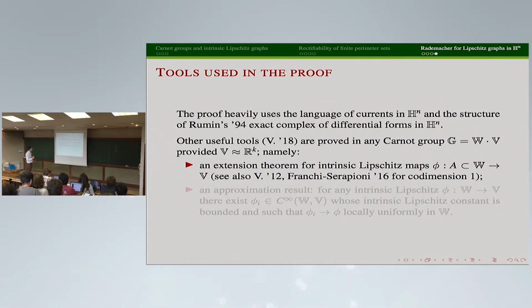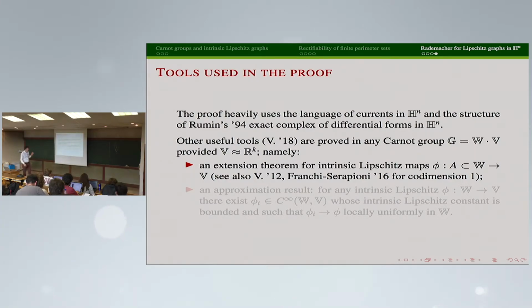So the first theorem is an extension result for intrinsic Lipschitz maps with values in V, okay? So this is not immediate. When you have a function which is defined only on a subdomain of W, it's not trivial to prove that it can be extended to a Lipschitz function on the whole of W, okay?